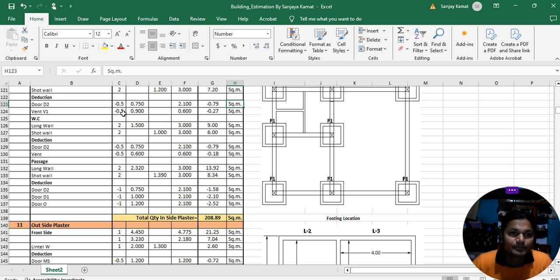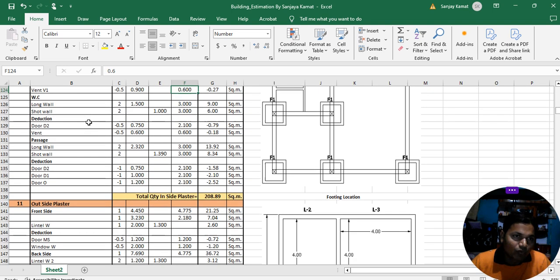For ventilation V1, the number will be minus 0.5, length 0.900 meter, and thickness 0.600 meter. Again, multiply these three values and you will get the final value of minus 0.27 square meter.